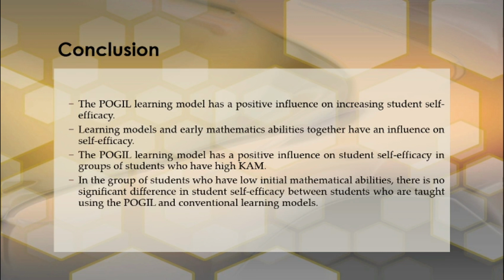The POGIL learning model has a positive influence on student self-efficacy in the group of students who have high initial mathematical ability. In the group of students who have low initial mathematical ability, there is no significant difference in student self-efficacy between students who are taught using the POGIL and conventional learning model.